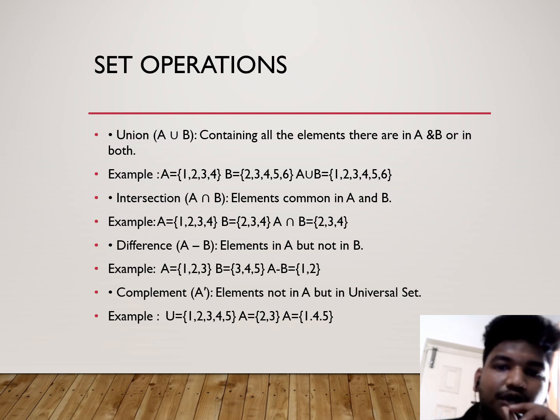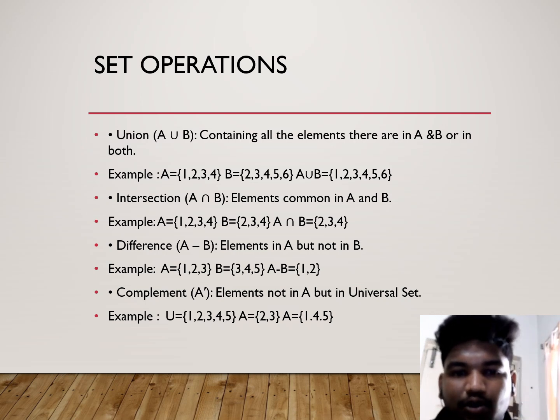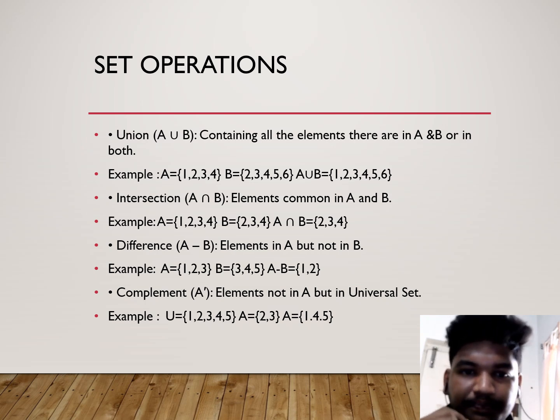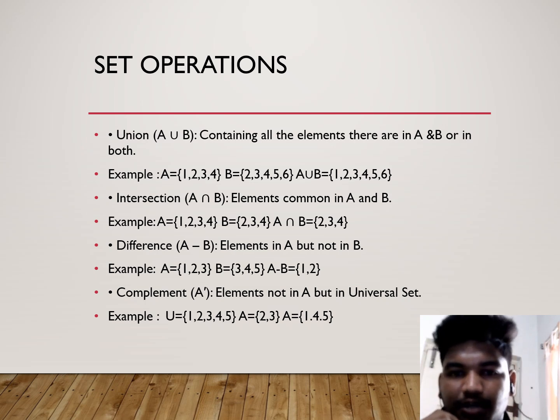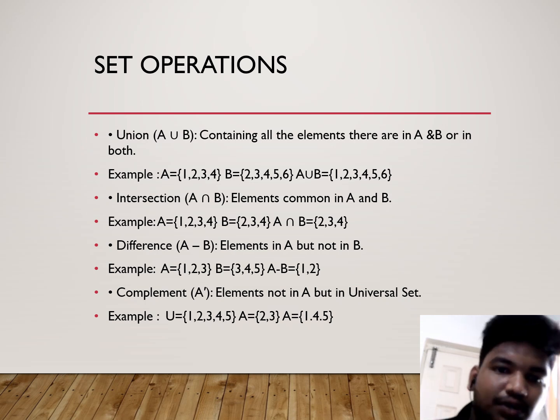And now I am going to explain about the set operations. There are 5 set operations, and we will discuss them one by one. Union, in the sense A union B. A and B are two sets, and all the elements of both are written in one set, then that is called the union.